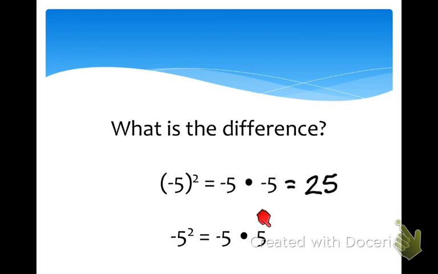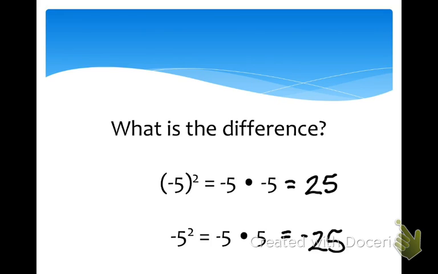A negative times a positive gives me a negative. And then 5 times 5 is still 25. But now, look at this. The first time with the parentheses, I ended up with a positive answer. But when I had no parentheses, I ended up with a negative answer. So it's very important to pay attention to what the parentheses are telling you.